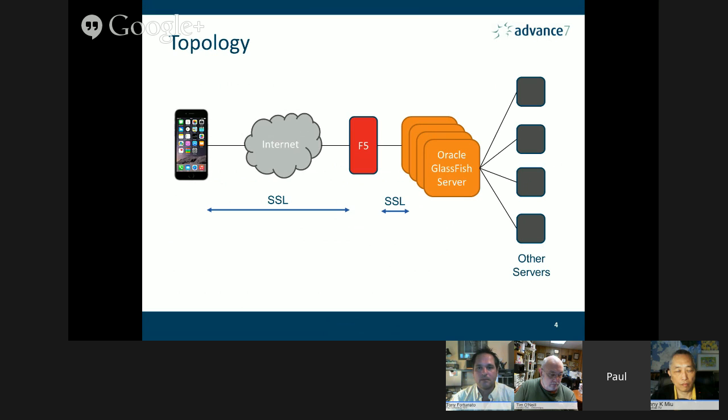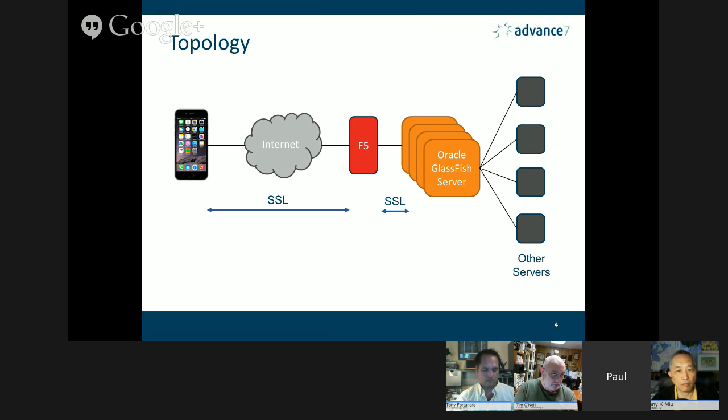The setup of the system looked like this. We have the phone, we have a connection through to some servers called Oracle Glassfish servers, which are web service type application servers, and then there were lots of back-end servers. What I'm showing here is quite heavily simplified.